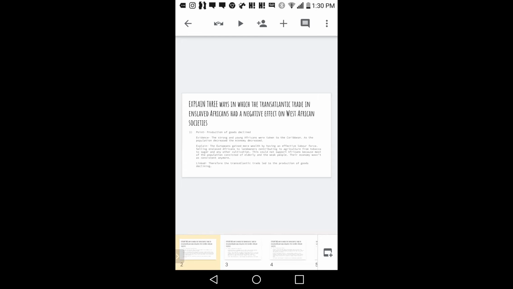What you have here as the evidence is strong and young Africans were taken to the Caribbean; as the population decreased, the economy decreased. That is your explanation. So you could use what you have now as the evidence as part of the explanation, remove from the Europeans to cultivation, and then you continue from this could not support Africans because most of the population consisted of elderly and weak people.